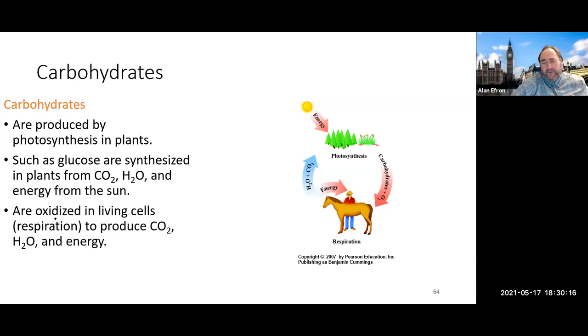And there's this whole process of respiration, breaking carbohydrates back down to CO2. And again, light initiates a lot of the reactions and produces the products that are needed to produce those carbohydrates in the cell.